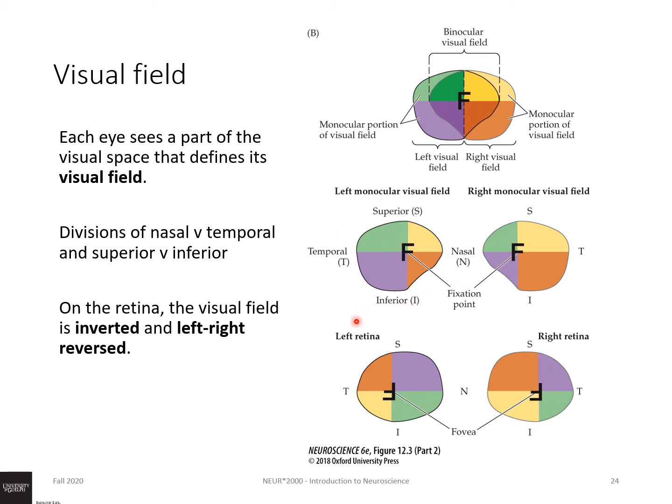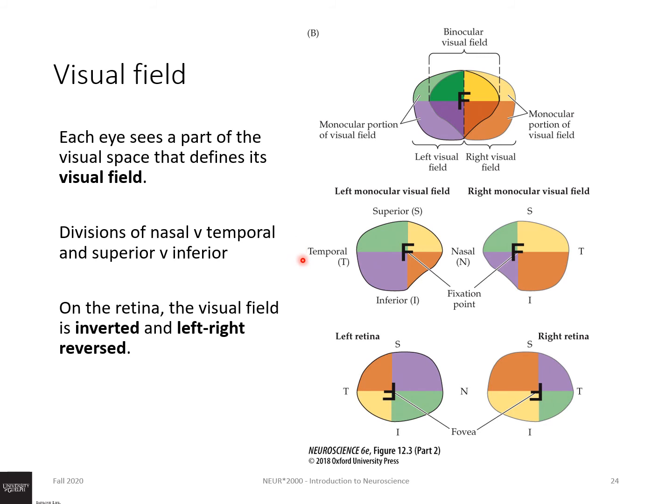So this is, again, the left monocular visual field here and the right monocular visual field here. You've got the nasal division, so toward the nose, and you've got this blind spot here, not the same as the optic disc blind spot, but the nose kind of impedes what the visual field might have been otherwise. And then you've got the temporal side here.